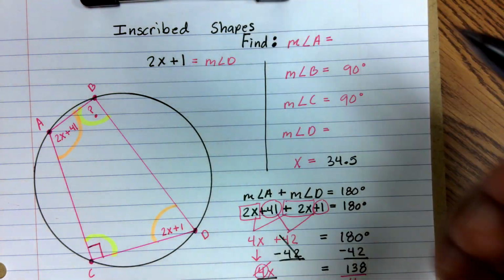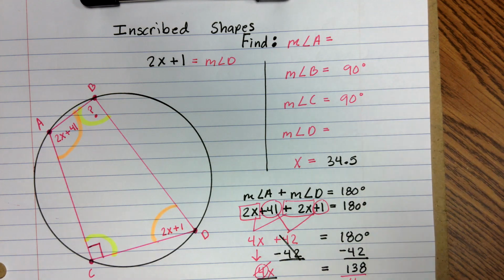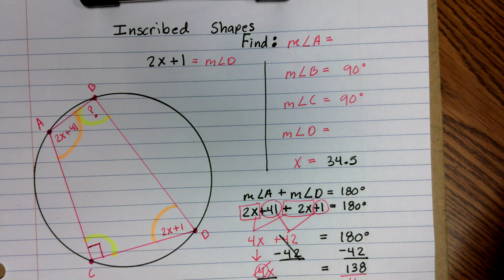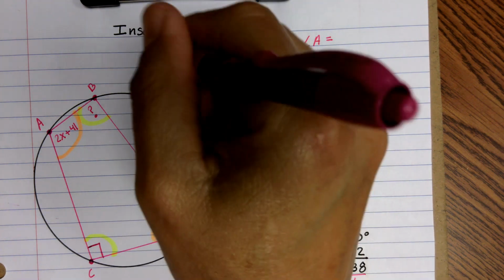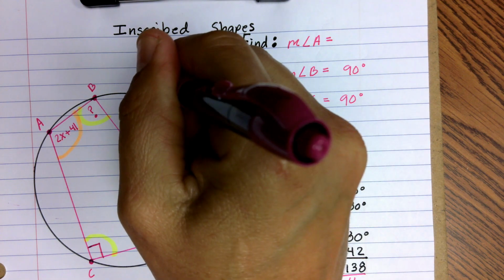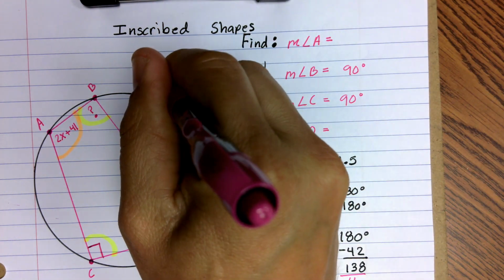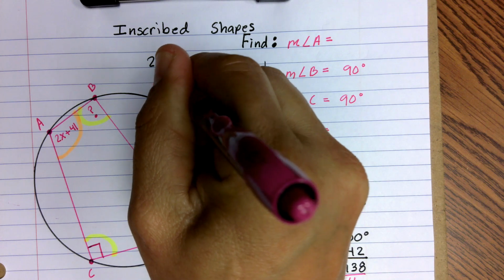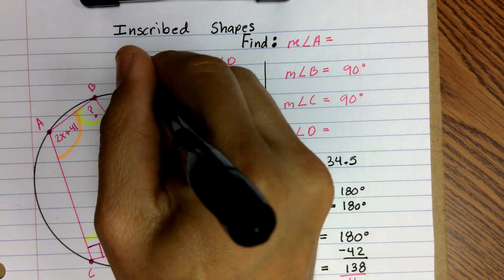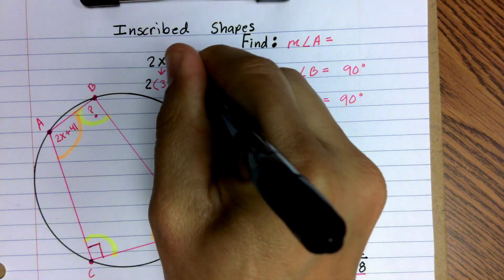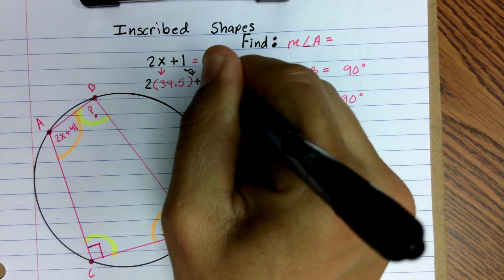And I'm going to substitute some values in real quick. For instance, x right here is actually going to be 34.5. And then we just bring down what's around it, the 2 that's in front and the plus 1 at the end.